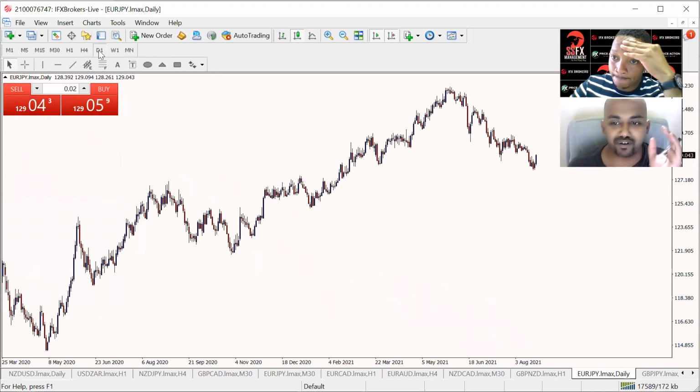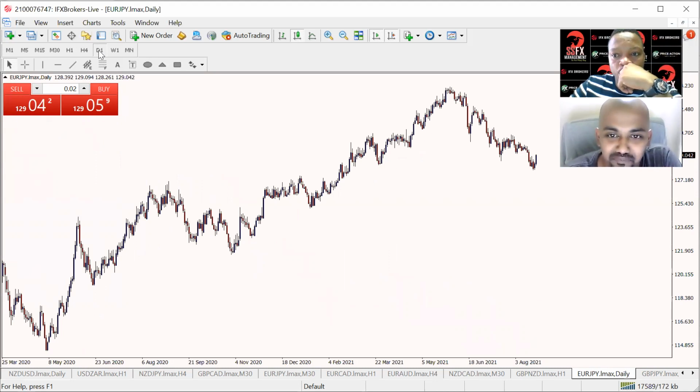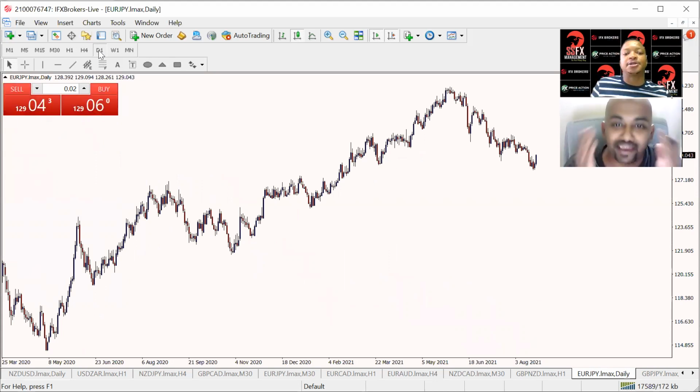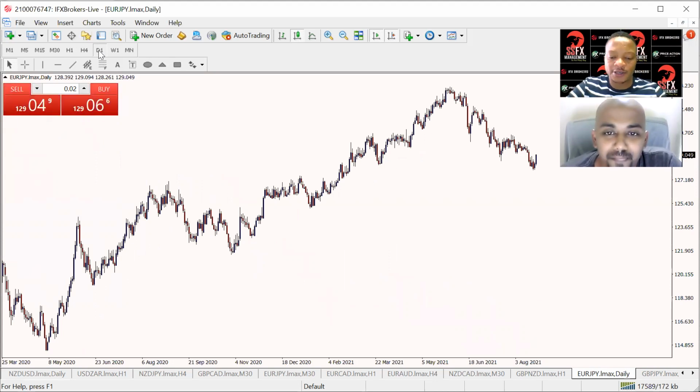My understanding, I don't have any in-depth understanding of time frames. What I know is on the lower time frame, I can see more movements, and on the higher time frame, I can see fewer movements. Yes, I understand. It means on your lower time frame the market is too noisy. So yes, correct.